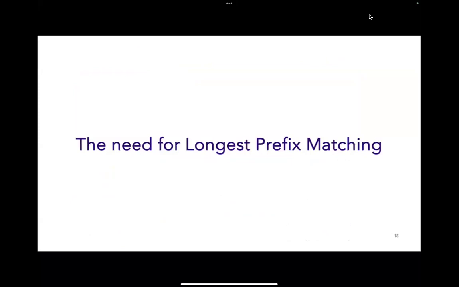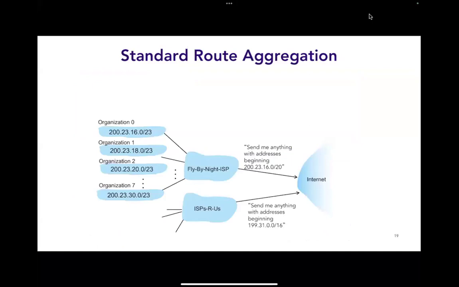To give an example why longest prefix matching is needed, let's consider this simple example of 8 organizations. This is organization number 0 up to organization number 7, which are all serviced by a single ISP, which is Fly-By-Night ISP. So this ISP aggregates the prefixes of each of these organizations into a single prefix. And you can verify that all of these 8 /23 prefixes nicely aggregate into this /20 prefix.